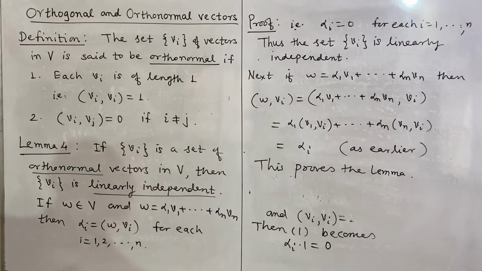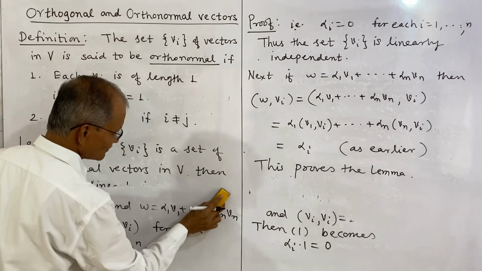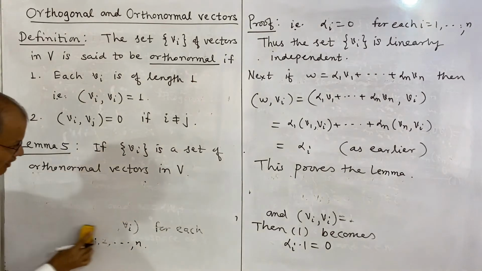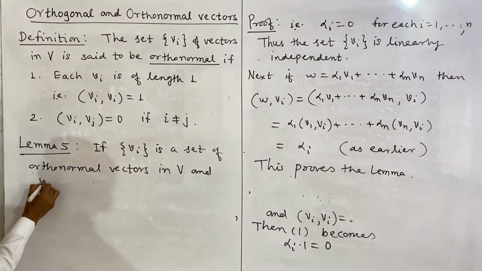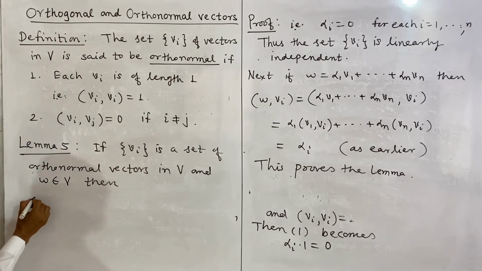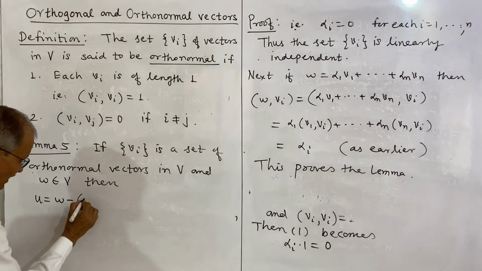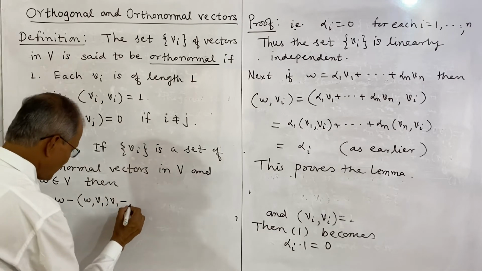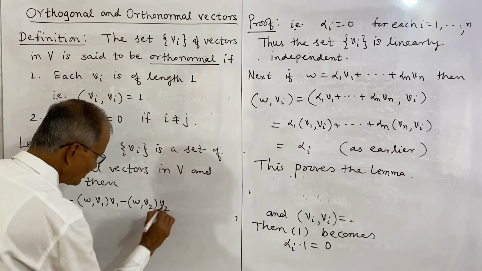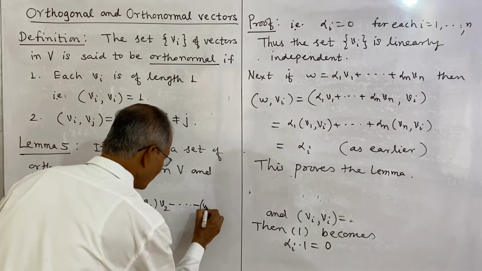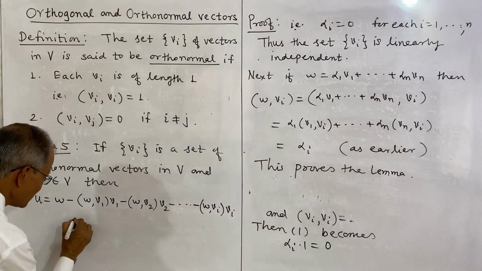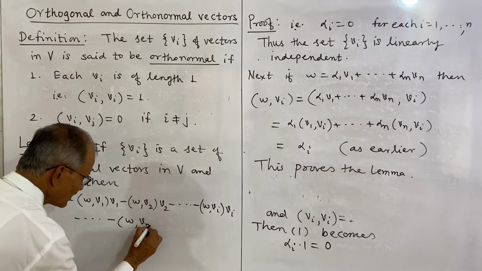Now we shall state one more lemma, that is lemma 5. If vi is a set of orthonormal vectors in V, again, and w belongs to V, we shall consider, then we will form the vector u like this: w minus the inner product of w with v1 multiplied by v1, minus etc., the inner product of w with v2 into v2, minus so on, and the general term we will write as minus the inner product of w with vi into vi, and the last will be minus the inner product of w with vn multiplied by vn.